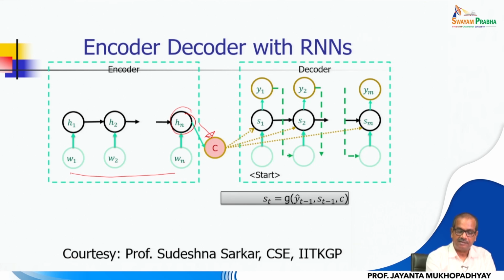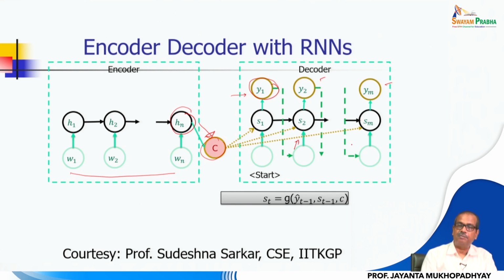This is the encoder part, and then you are decoding and translating it to another sequence. The context is shared, and in the decoding process the previously generated symbols in the decoder become the input for the next one, and this context is shared everywhere. Again, that's an RNN model.